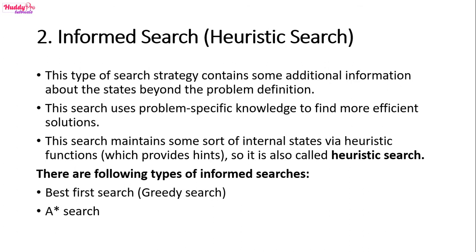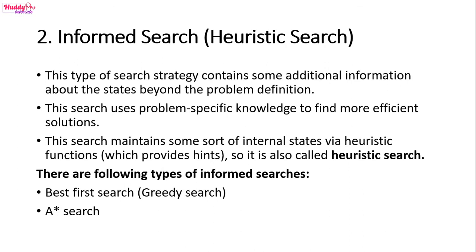This search maintains some sort of internal states via heuristic functions. These heuristic functions provide a hint to the agent. As the agent is searching using these algorithms, it will look for the best path for whichever state it's in. That's why this informed search strategy is also called a heuristic search.